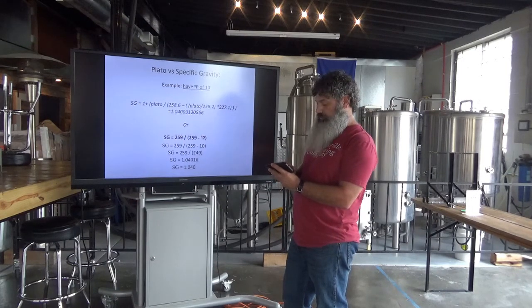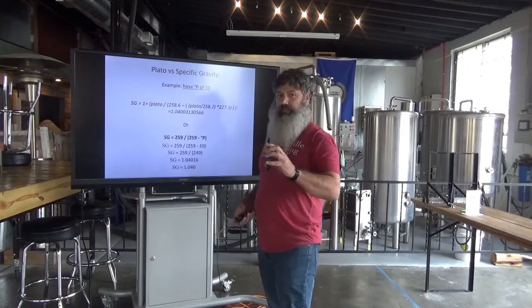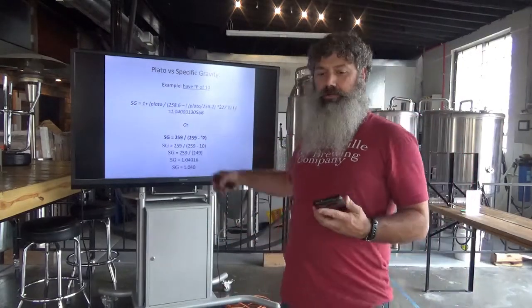Multiply that by 227.1 close parentheses, close parentheses, close parentheses. And you'll see that is what you're going to come up with, which is on the board here.